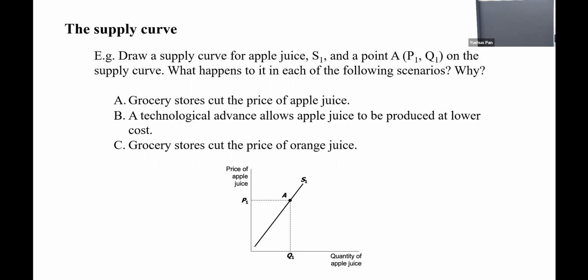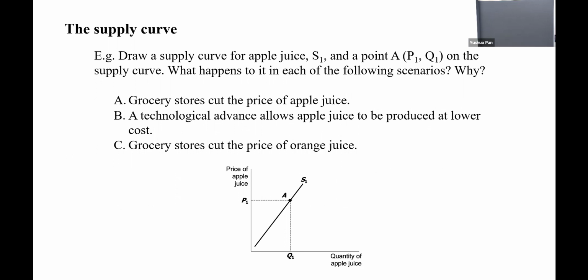What happens in each of the following scenarios, such as A: grocery stores cut the price of apple juice. What will happen to point A and what will happen to the quantity? If they cut the price, then for the supply curve the price is going to decrease.